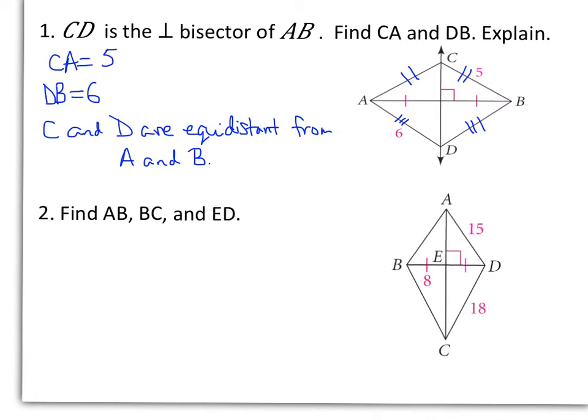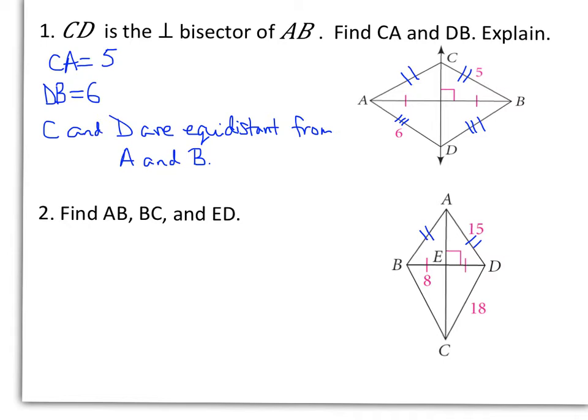Similar problem in number 2. It says find AB, BC, and ED. Well, if we have a right angle at angle AED, and I know that BE is congruent to DE, then that tells me that AC is a perpendicular bisector of BD. So that means that point A is equidistant from B and D. So that means these two sides are congruent.